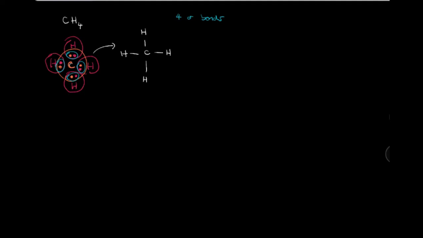When we're looking at bonding, we want to think about everything in terms of orbitals. Covalent bonds, once again, are valence orbital overlaps. So how do we show that using an orbital diagram?